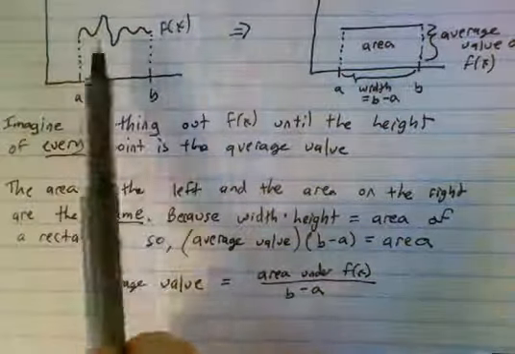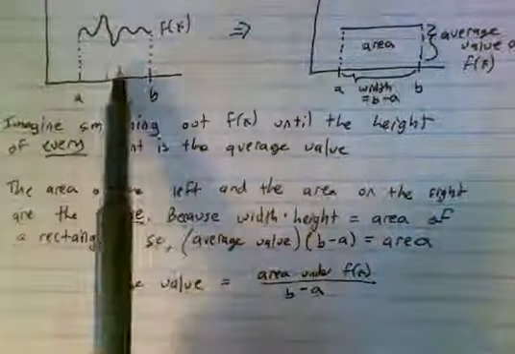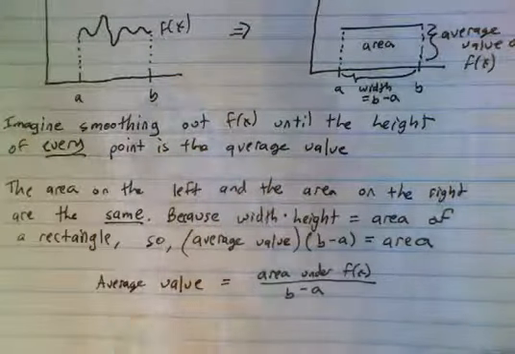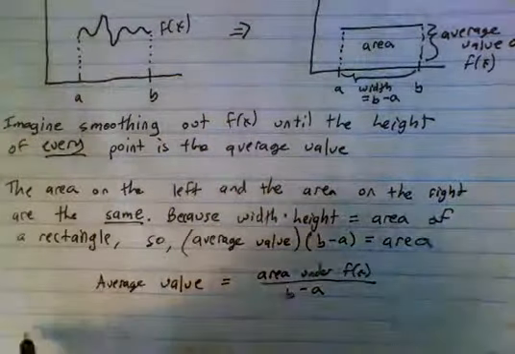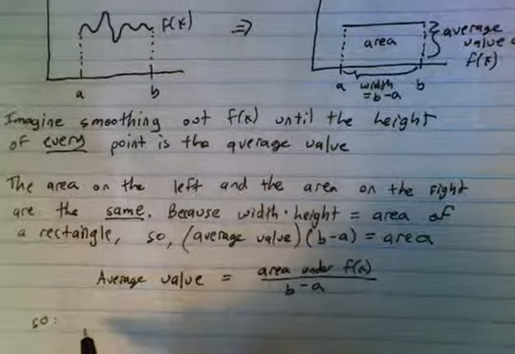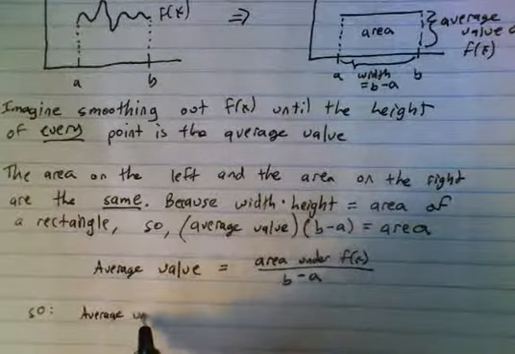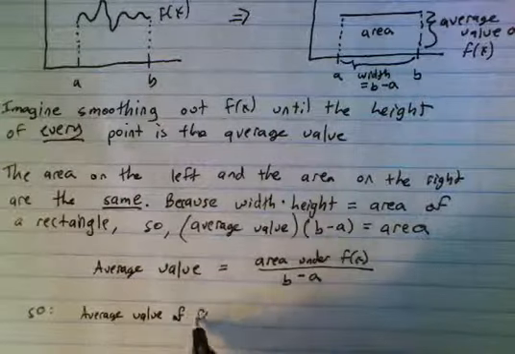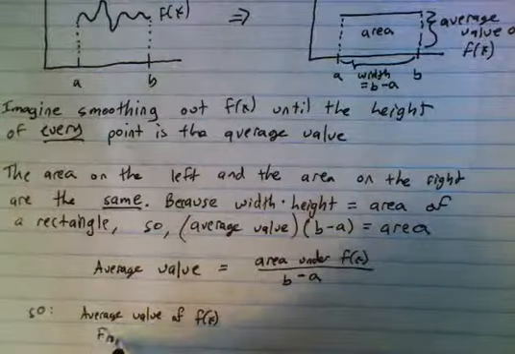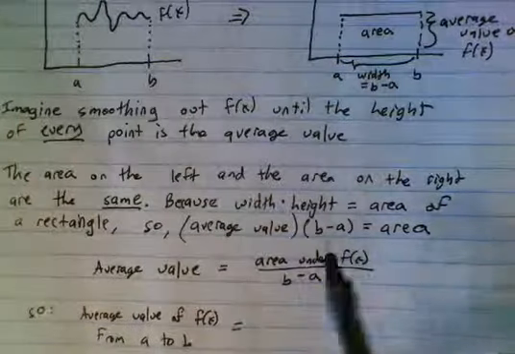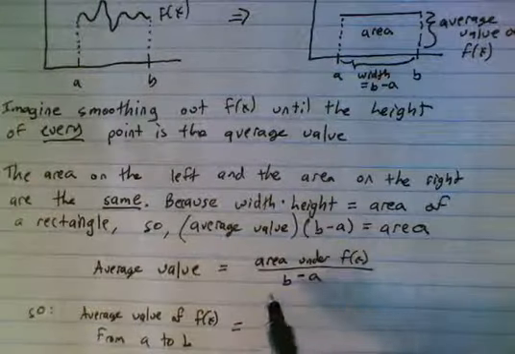And we know how to find the area under f of x of this rectangle. It's exactly the same as this one up here. It's just the integral from a to b of f of x. And I'm going to write this in the standard notation.